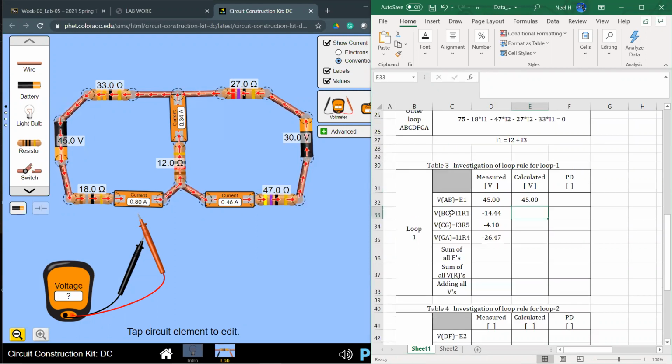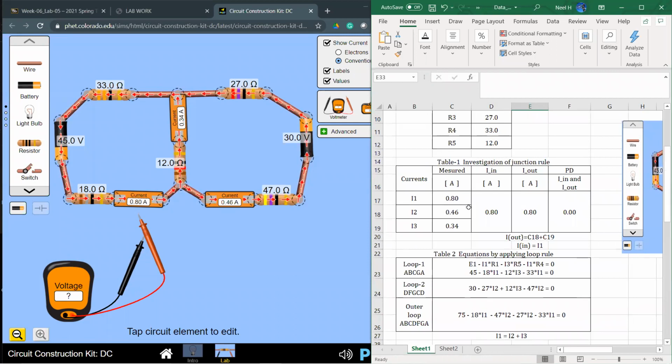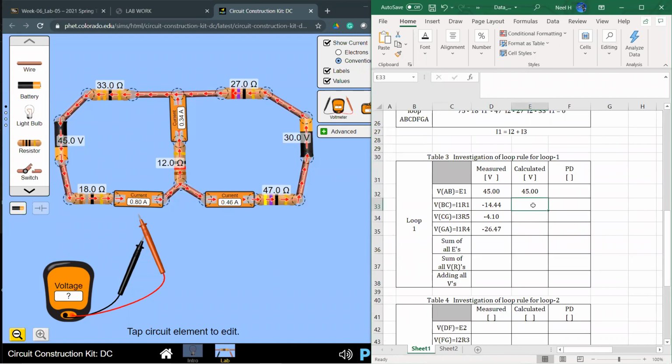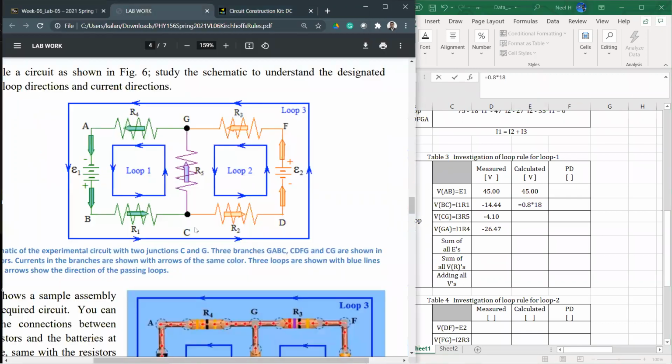Now current I1, we already measured, is 0.8. You can also see here 0.8. And the resistance R1 is 18, equal sign, current 0.8 multiplied by resistance 18. However, if I use the sign rule correctly, my loop direction B to C is the same as the current direction, so that voltage must be negative, right?